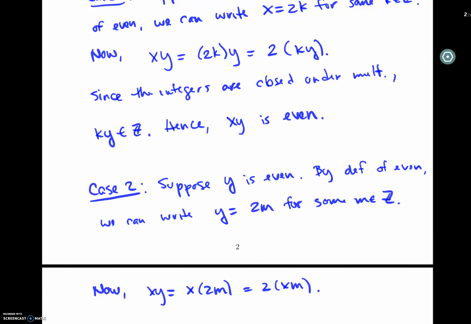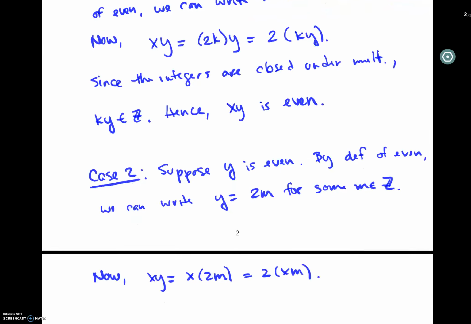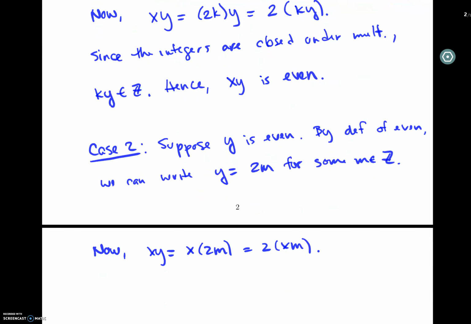And again, since the integers are closed under multiplication, xm will be an integer, and hence xy is even. We get to the same conclusion.